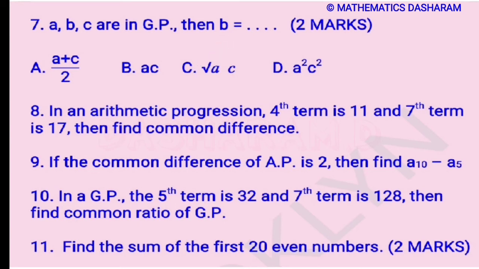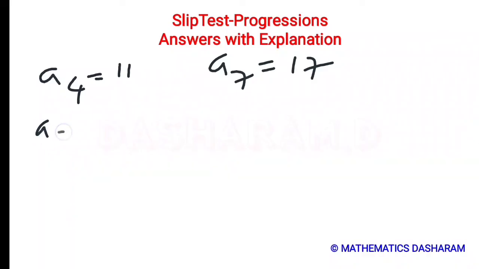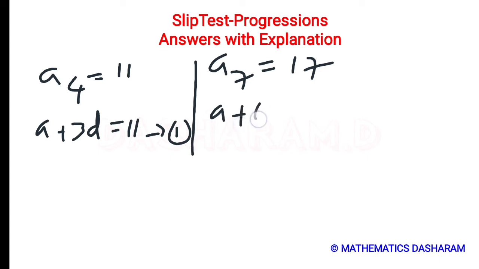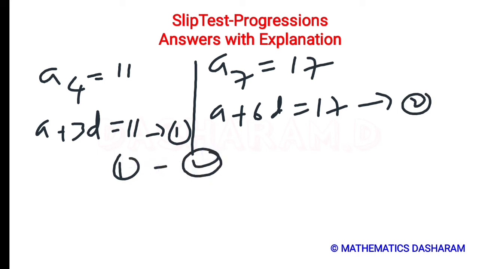Next, eighth one, in an arithmetic progression, the fourth term is 11, the seventh term is 17, then find the common difference. So fourth term means a plus 3d equals 11, equation 1. Next, a plus 6d equals 17, equation 2. So by elimination method, subtract both equations.